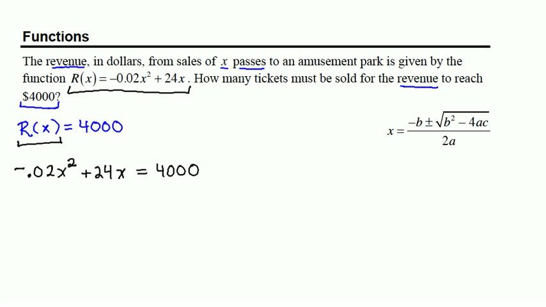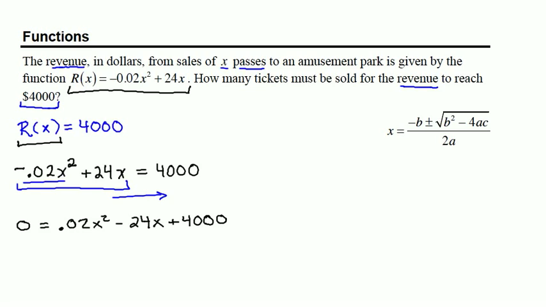Because my leading term has a negative coefficient, I'm going to move these two terms over to the right to make that leading coefficient positive, because all of the methods we have are easier with a positive leading coefficient. So this becomes 0 equals positive 0.02x squared minus 24x, and the 4,000 didn't move, so it stays positive, plus 4,000.